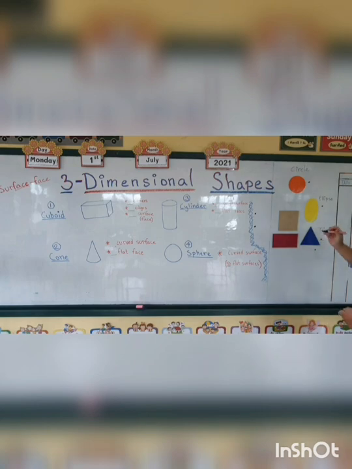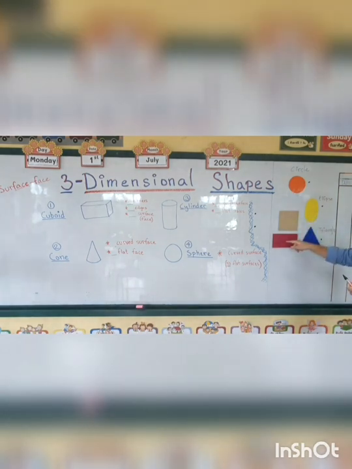Triangle. And then these two shapes, they don't look the same and they have specific names, but they have one name that they share, a common name for both of these. So this is a square and this is a rectangle. But what is the name that they both go under? Anyone?